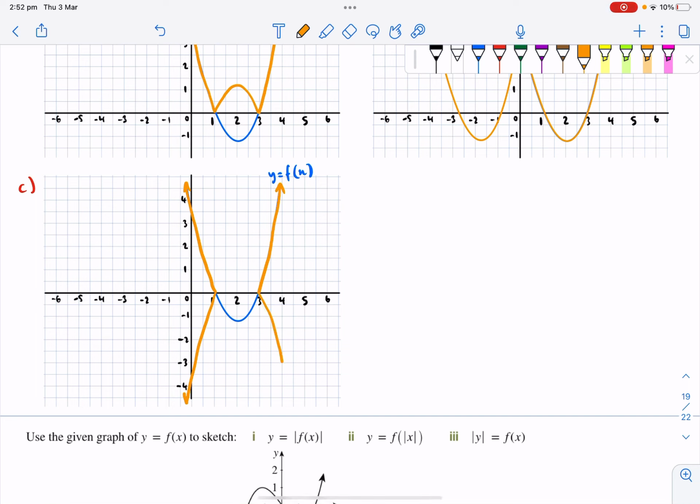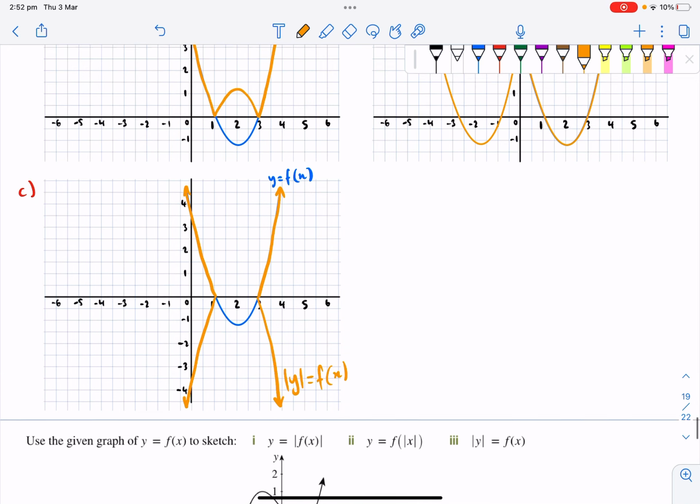Just like that. Maybe we got too much curvature on that one. There we go. All right, so that's it. That there is absolute value of y equals f of x. So hopefully that's quite clear now.